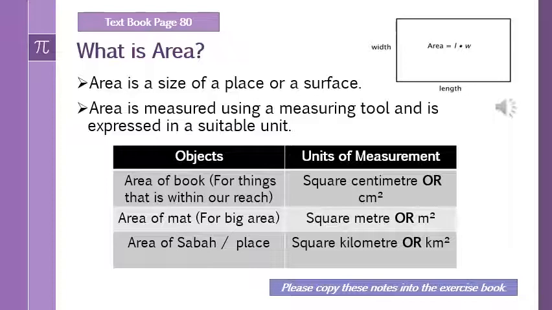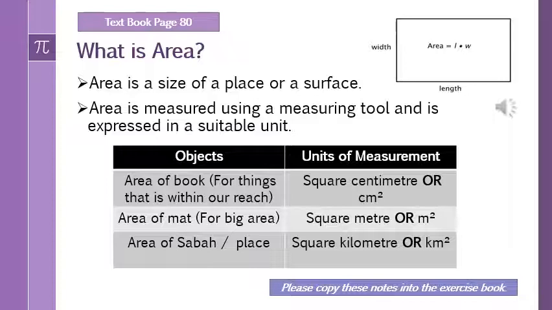For area of book or things that is within our reach, we will be using square centimeter. For area of math, or for example the area of our school's hall, we will be using square meter. Usually, square meter is for things that are quite big or wide, but not as wide as place.